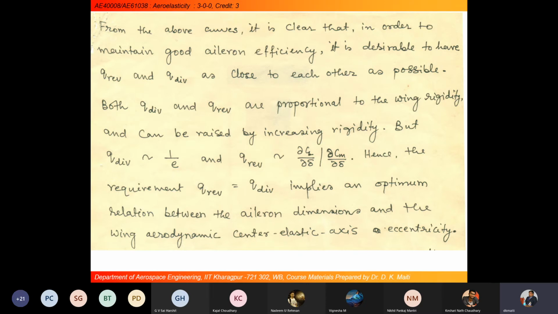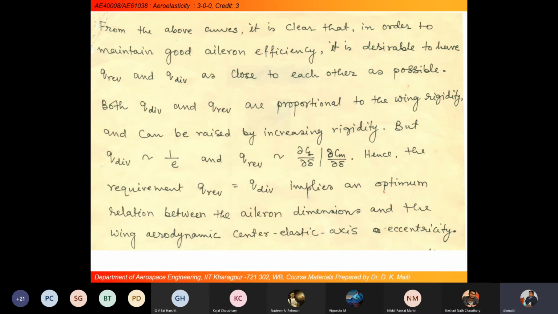Hence, we can get the ideal or optimum condition when Q reversal is equal to Q divergence, between the aileron dimensions and the wing aerodynamic center to elastic axis eccentricity.